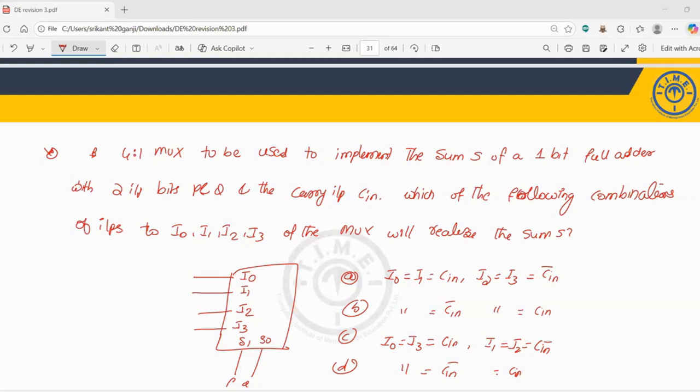Yes, what about others? Yeah, C option is correct. Satvik, C option is correct.